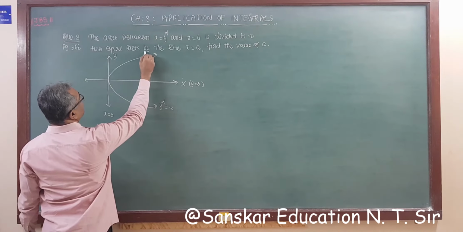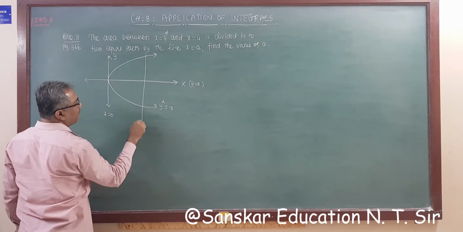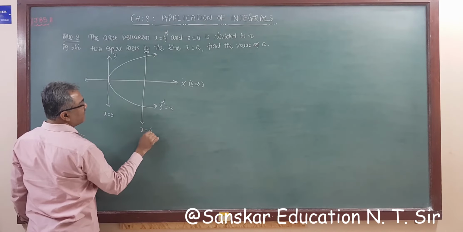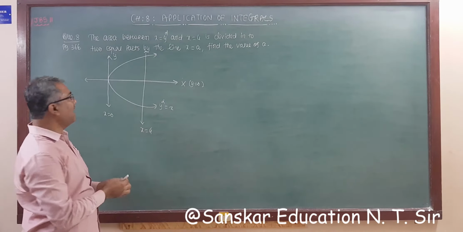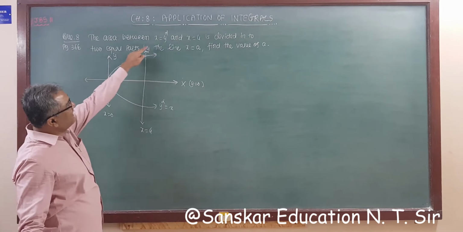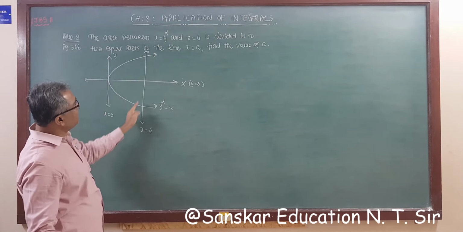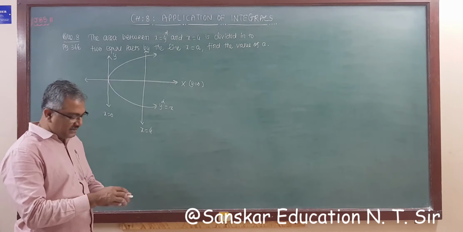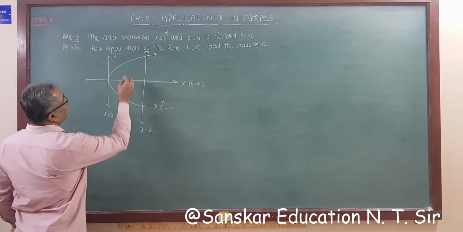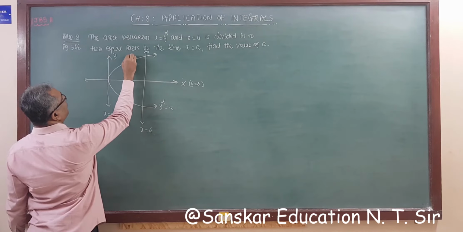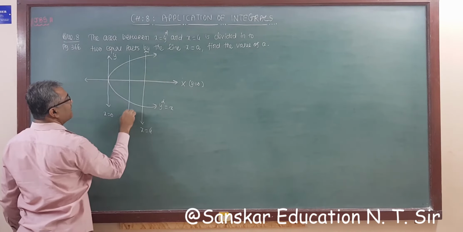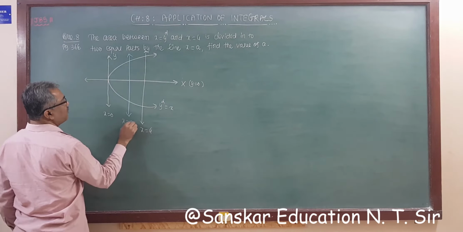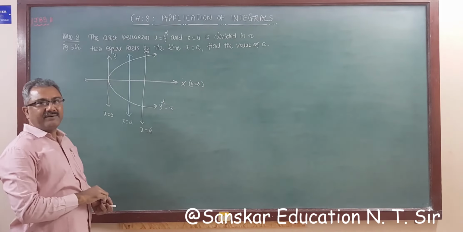So suppose this is the line x is equal to 4. Now the area between this x is equal to y square, that is this, and this line is divided into two equal parts by line x is equal to a. So suppose this is the line x is equal to a, which divides the area into two equal parts. This is the line, right?